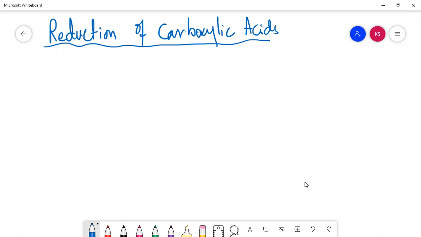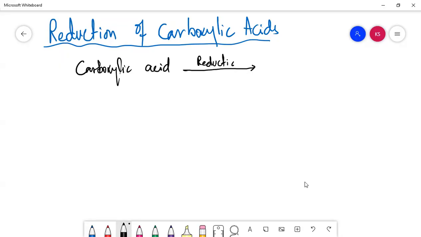So the reduction of carboxylic acids actually leads to formation of alcohols, primary alcohols rather. So carboxylic acid on reduction, and for reduction we use lithium aluminum hydride, LiAlH4.